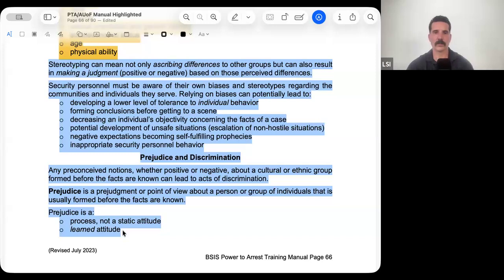Any preconceived notions, whether positive or negative, about a cultural or ethnic group, formed before the facts are known, can lead to acts of discrimination.